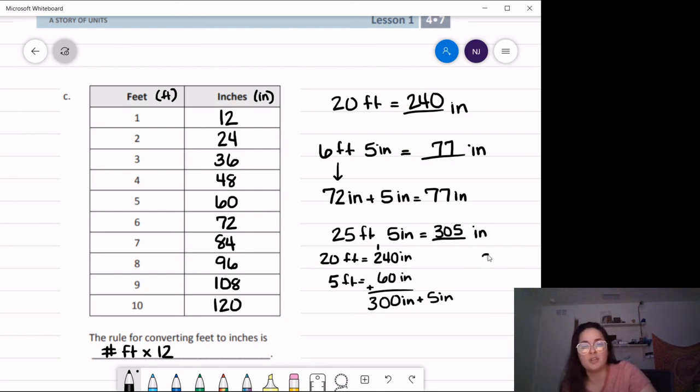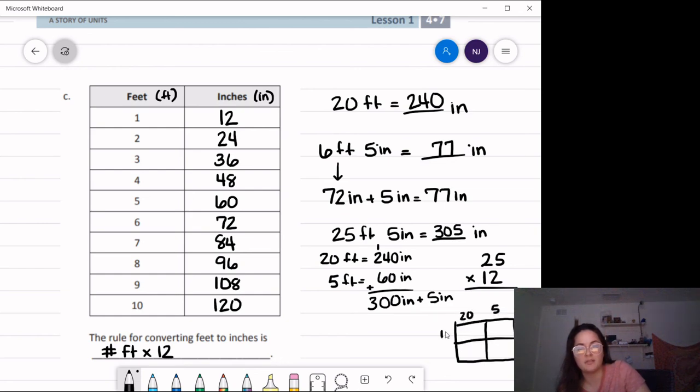You could have also done 25 times 12. So we would need to draw an area model because we're doing a 2-digit times 2-digit number. So we've got 25 and then 12. 20 times 10 is 200. 5 times 10 is 50. 20 times 2 is 40. And then 5 times 2 is 10.